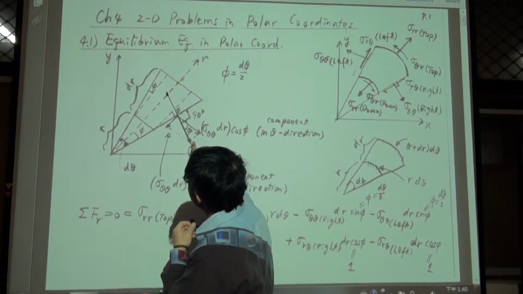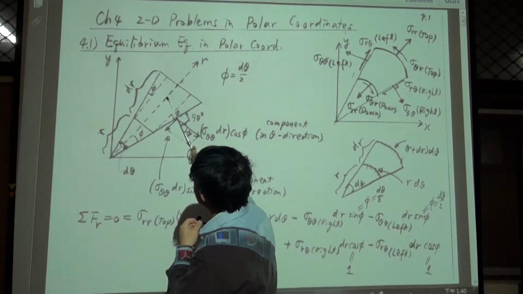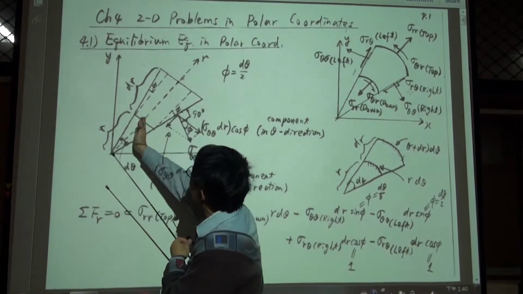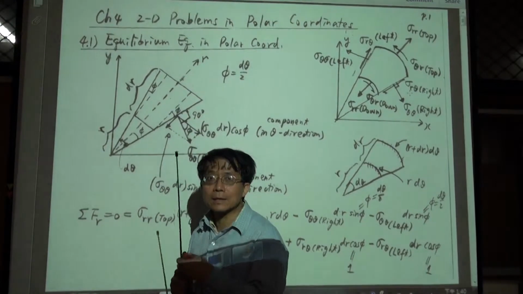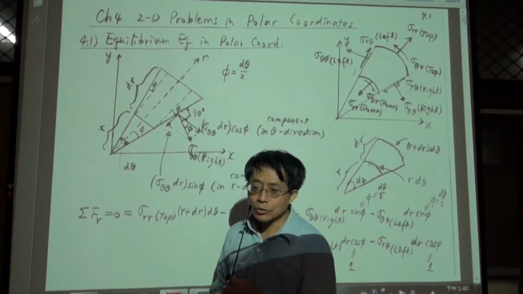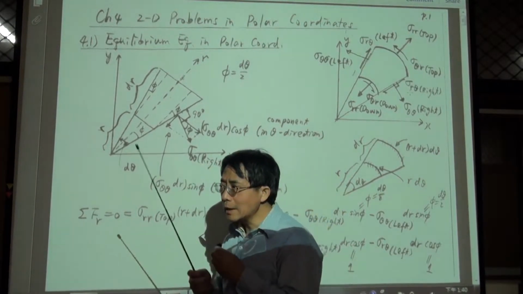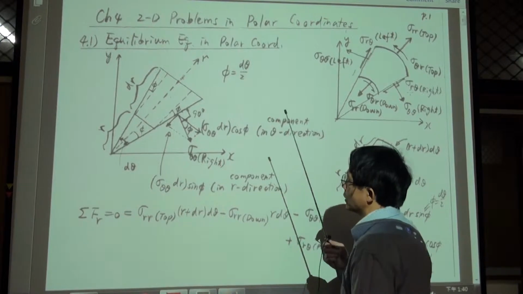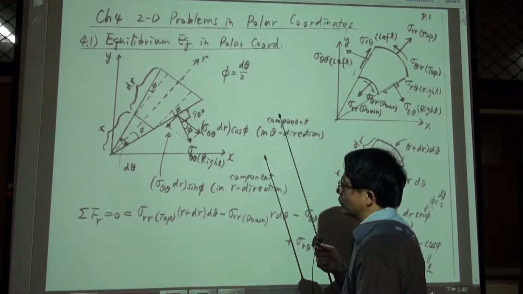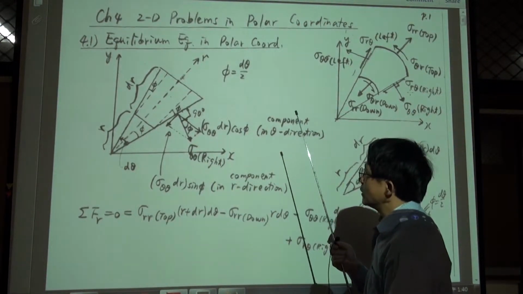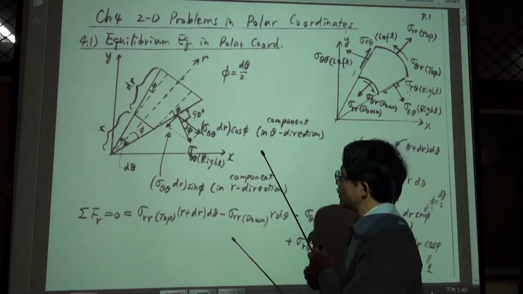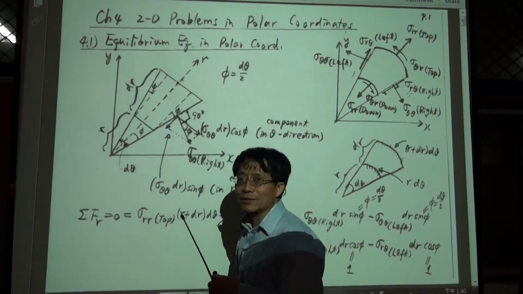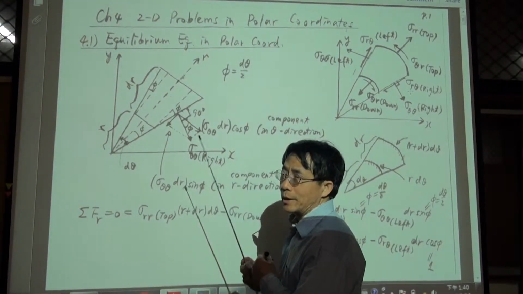So since it is not perpendicular to the radius here, you should have a component in the R direction and a component in the theta direction. Understand? So this situation enforces us to consider the projection of this vector in the R direction and theta direction. Okay, let us do it.